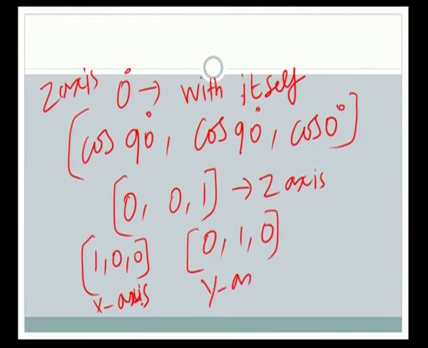Then direction cosine of z axis is 0, 0, 1. This is how you can calculate the direction cosine of the axis. So, this is how you can apply the concept of directional cosines to a line.